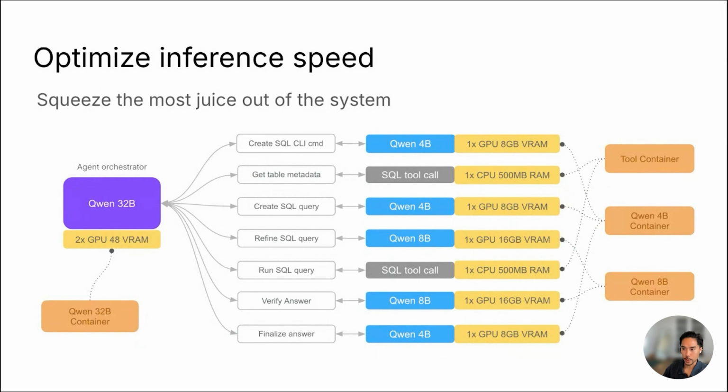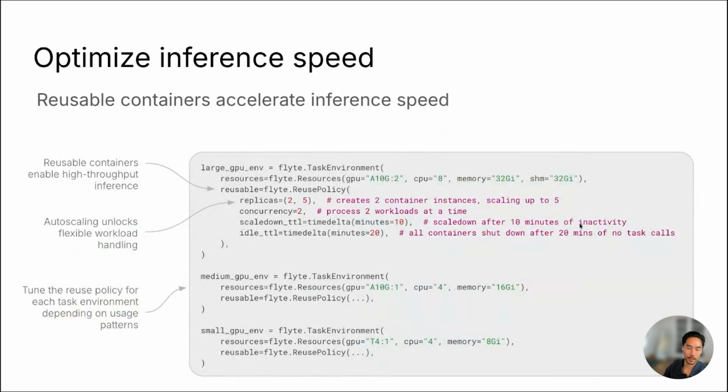And finally, optimizing inference speed. This is getting the most juice out of the system, the most throughput, so that you can deliver a really good user experience. Here, what you would really like is a way to reuse the containers that you're spinning up, so that you don't have to keep paying the cost of spinning up the container and loading the model into it on every agent call. So it'd be nice to have reusable container environments on which to just send jobs. And this is actually only available in Union, which is the commercial version of Flyte that we're selling.